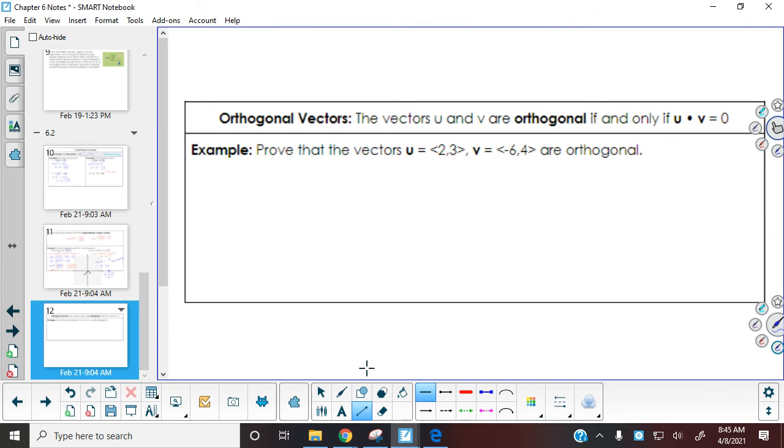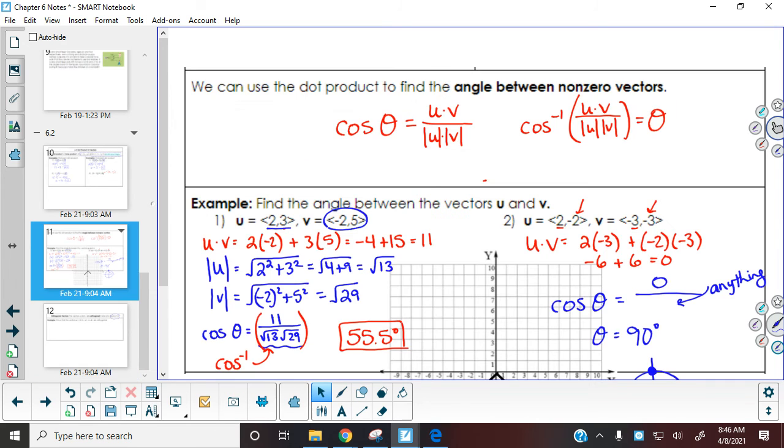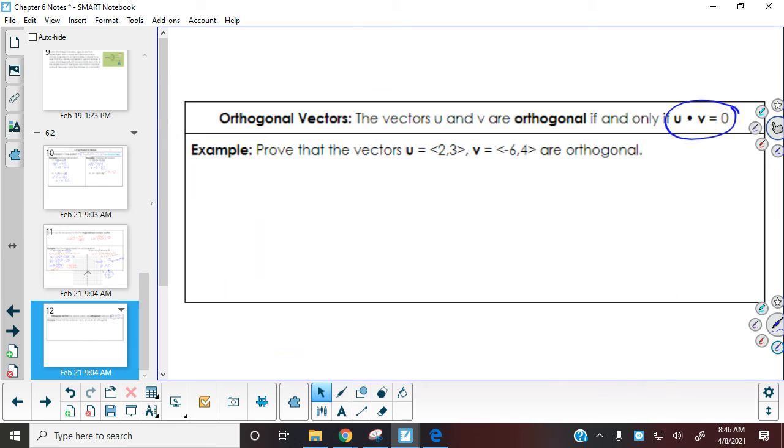So the last thing that we want to look at is to see if the vectors are orthogonal. Notice here, it's saying if your dot product is 0, that means they're orthogonal. If you take a look at our previous example, we had a dot product of 0. That means those two vectors, u and v, are orthogonal. And what that means is that your vectors are perpendicular.